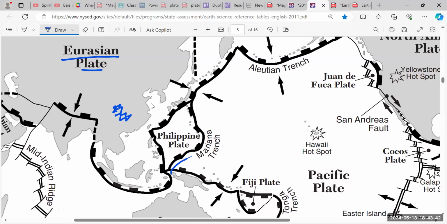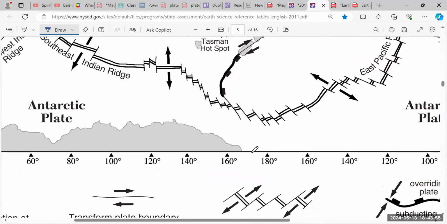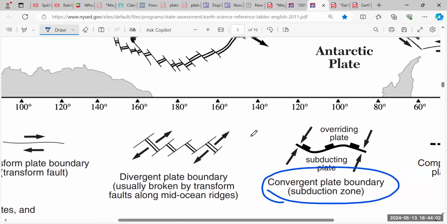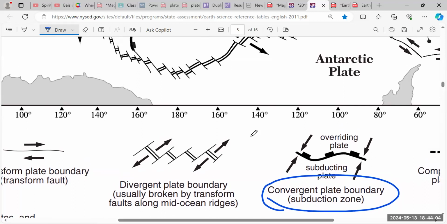When I'm looking, all of the symbols around the Philippine plate are showing me a convergent plate boundary. All surrounding the Philippine plate, I see the symbol with boxes. And that shows me that this is a convergent plate boundary. Now, if we remember, convergent plate boundaries have the plates coming towards each other.